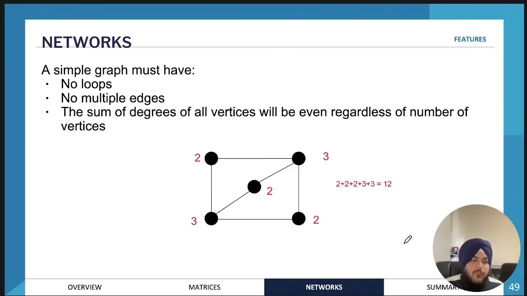So a simple graph will have no multiple edges, no loops, and the sum of the degrees of all the vertices are always going to be even. So for example, this one, we have 2, 2, 3, 2, 2, and 3. So that will be 12. Regardless of if they're odd or even, they're always going to, in total, add up to an even number if it is a simple graph.